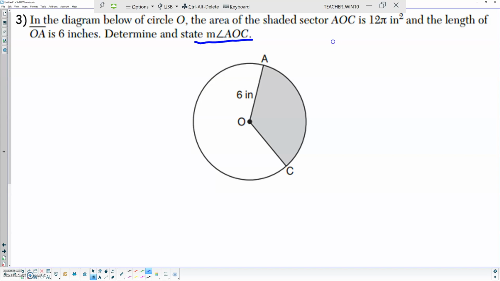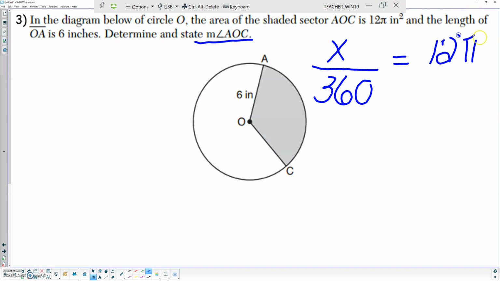So this time, my variable is going to be the central angle. So we're going to do x over 360 equals the area of the shaded sector, which they told us was 12 pi, over the area of the entire circle, which is pi r squared, or pi times 6 squared.